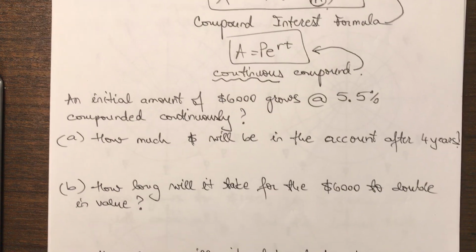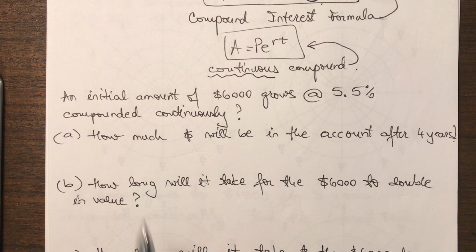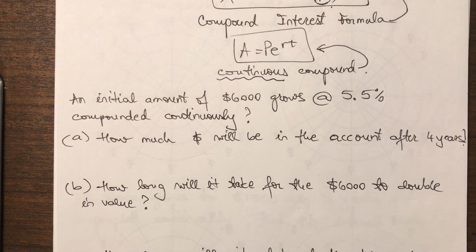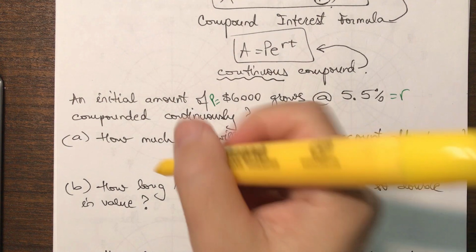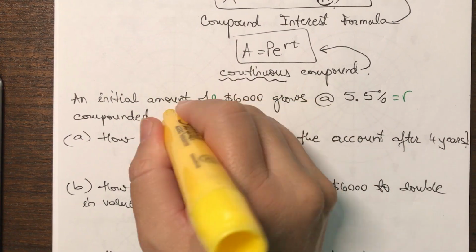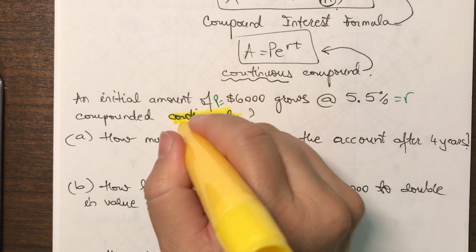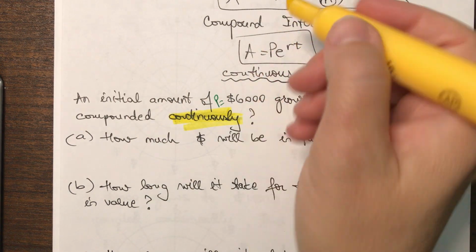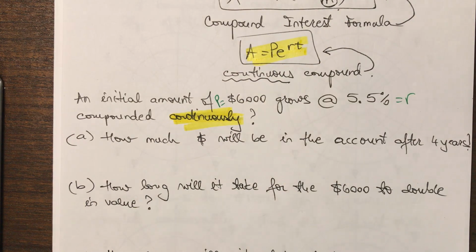Okay, so let's see what the questions are. It says, an initial amount of $6,000, okay, so that's our principal, grows at 5.5%. Okay, that's our interest rate. Compounded continuously. So what does this word continuously tell me immediately? It tells me that I have to use the continuous compound formula, right?